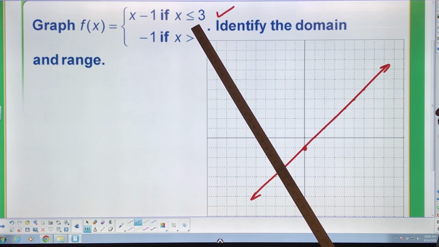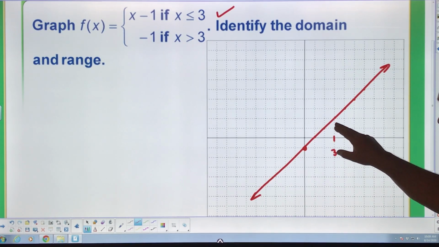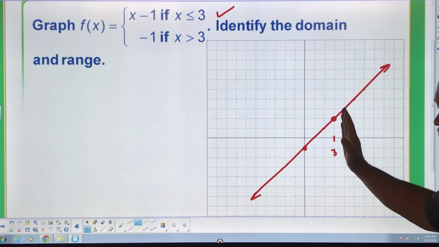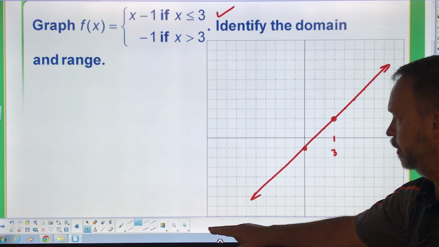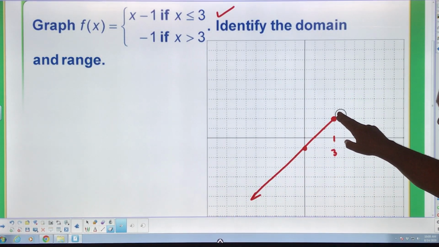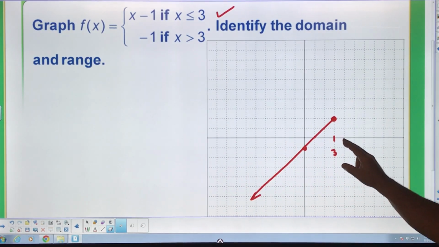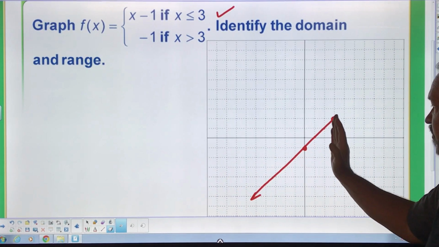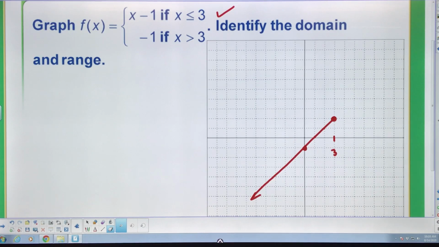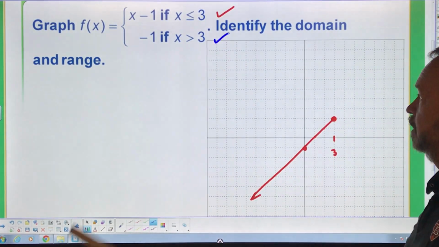It can only happen when x is less or equal to 3. So here's where x is 3. So it only happened from here over, which means this doesn't exist. It can only happen from here over, right? Like if you're looking at the number line, it can only happen from here over. So that's a restriction.